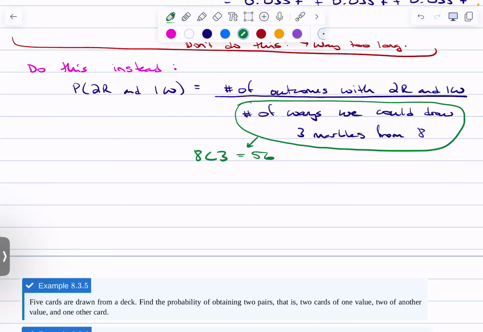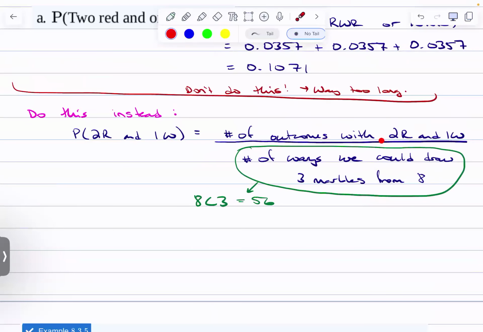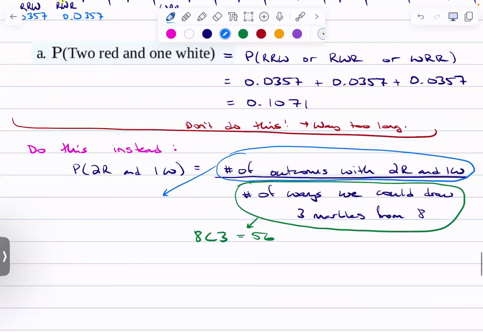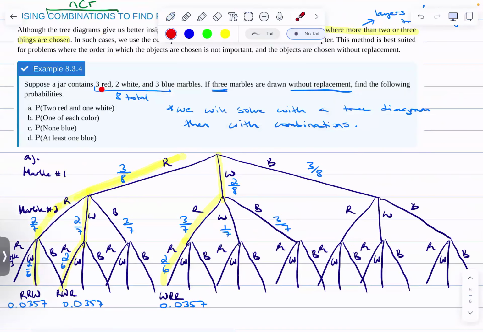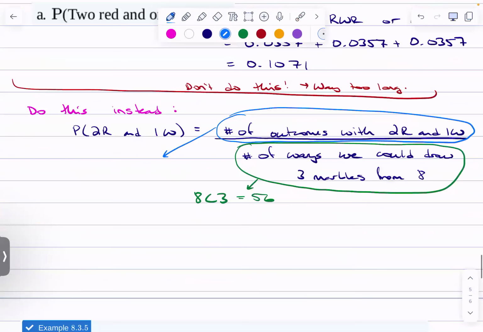Now, the trick is the number of outcomes with 2 red and 1 white is going to look like this. This is where we need to get specific. From the red ones, so from the 3 total red ones, I want to choose 2. 3 choose 2.